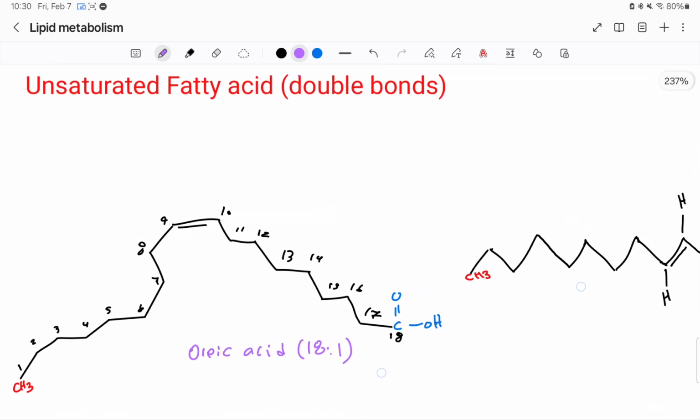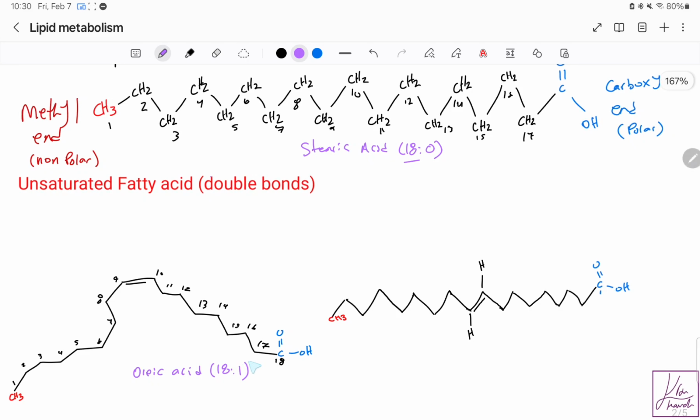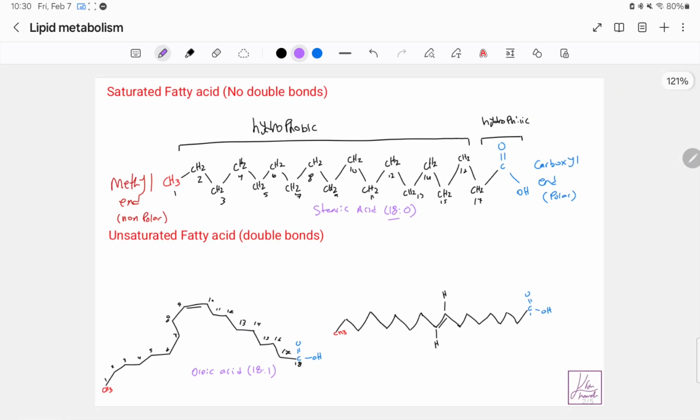Now, what else? What do you notice about this guy? Is this molecule straight like the saturated fat? No, it's not. When you have a double bond introduced into an unsaturated fatty acid, it produces this sort of kink, or a U-shaped kind of configuration.